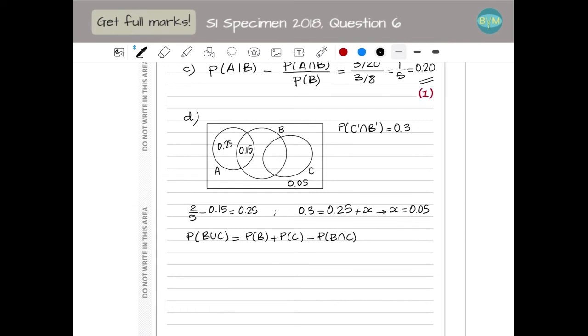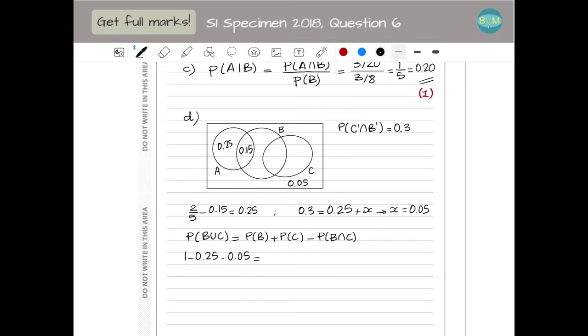Probability of B union C is this together, right? Which will be 1 minus this number and this number, because everything inside will be 1 minus this number and this number. So I have 1 minus 0.25 minus 0.05 is the probability of B union C.